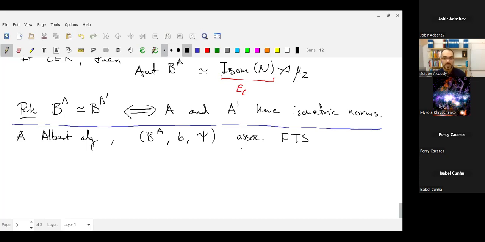So let's set G to be the automorphism group of this (A, B, psi), sometimes called the invariance group.